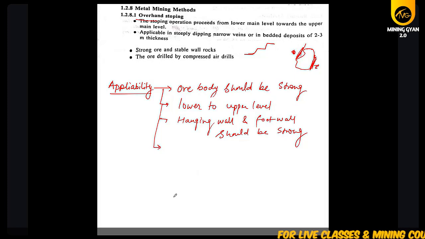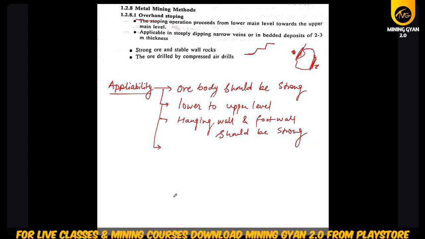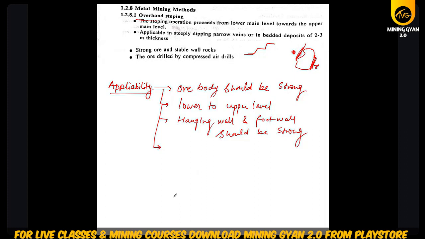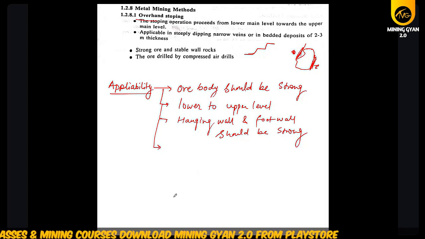One of you has asked whether in the coal MT examination they will ask us metal questions or not. I really don't know if they will ask or not. I am just covering it because you will get basic information. If they ask, you should know.